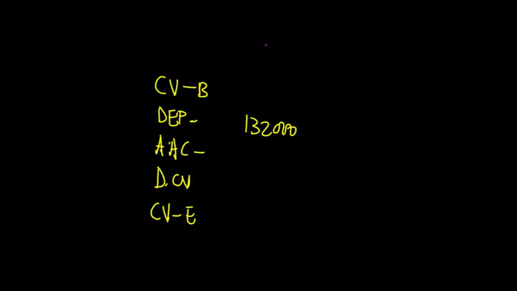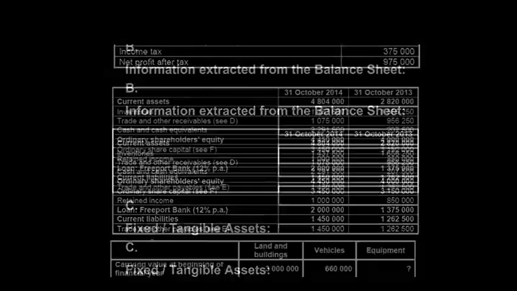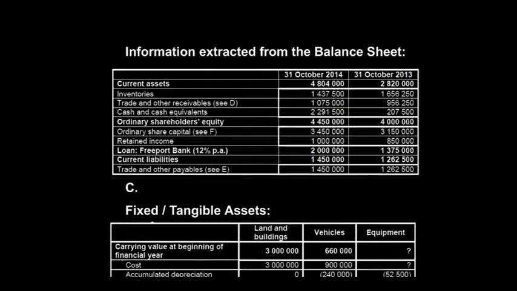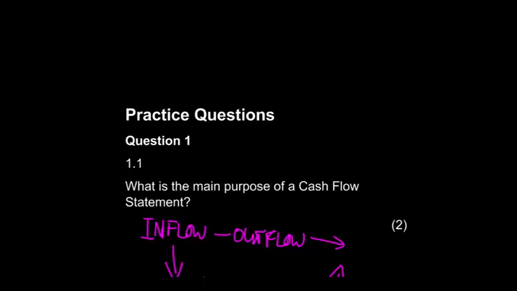You recall your depreciation calculation? Right. My carrying value at the beginning of the year was 660,000. Also, let's look at the information so you can see that all this information is given to me. There's my carrying value at the beginning of the year. My carrying value at the end of the year was 446,000. Let's slot that in.